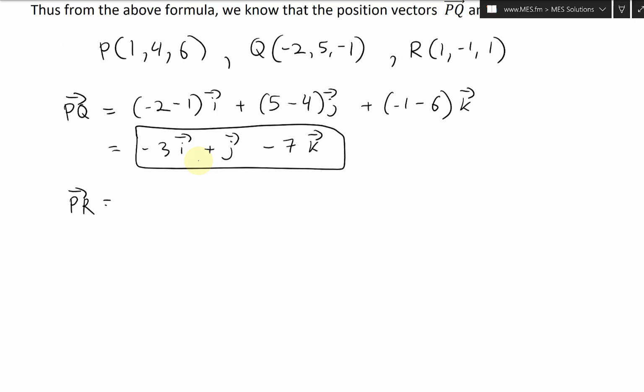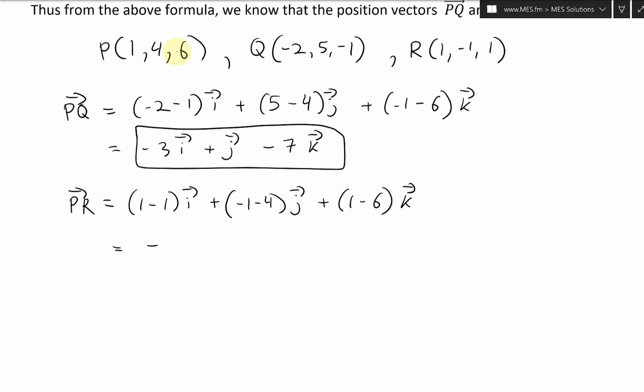PR equals, so we're going to go 1 minus 1, and this is going to be I, plus the J, negative 1 minus 4, and then the next one is going to be 1 minus 6, K. So we have 0, so we could get rid of that.